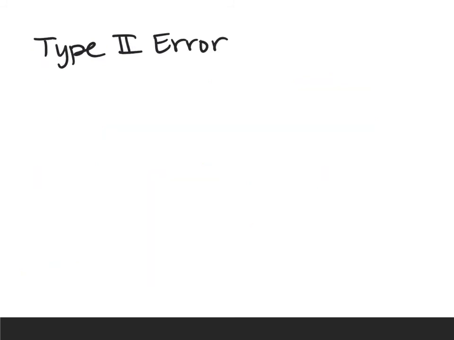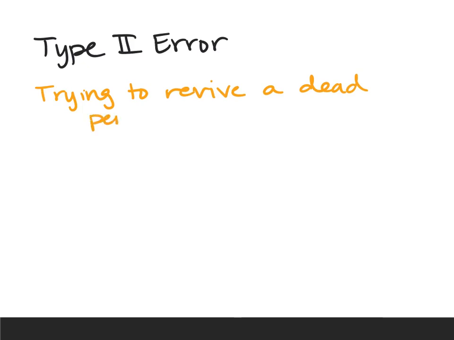A type 2 error is the other type of error that we can make, but it's less severe. So this would be trying to revive a dead person, or not convicting a guilty person.